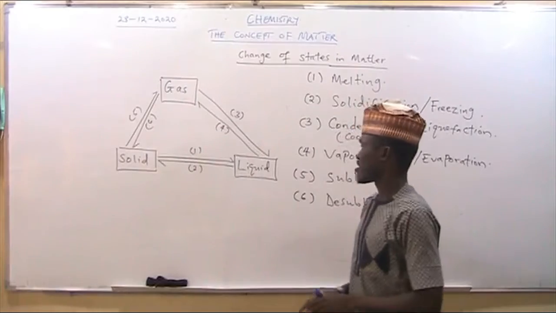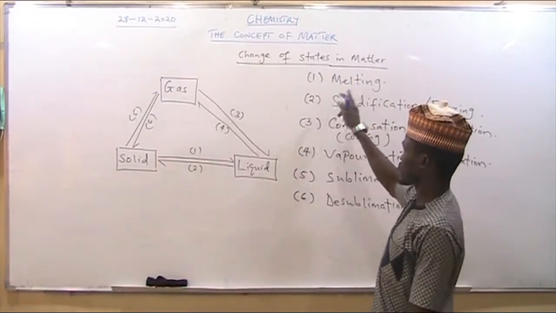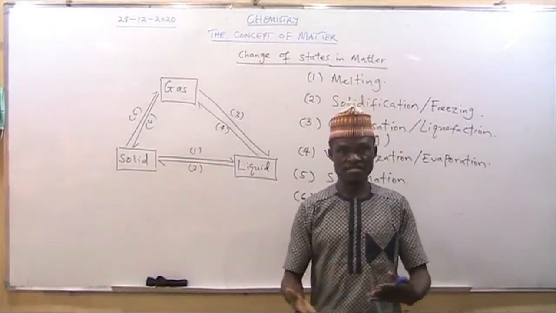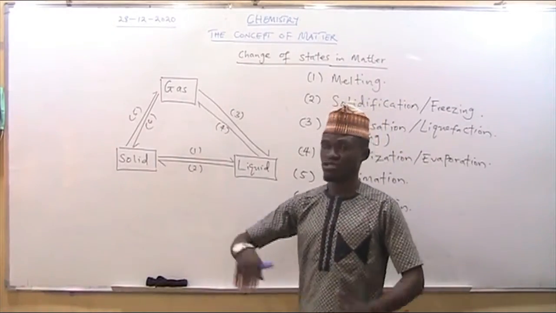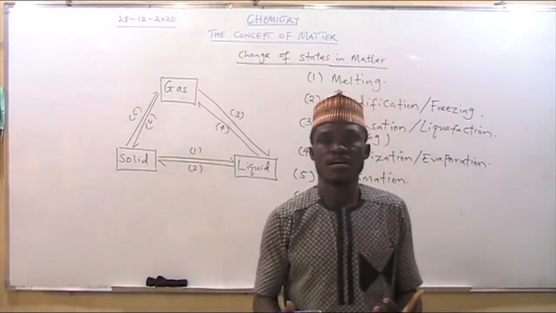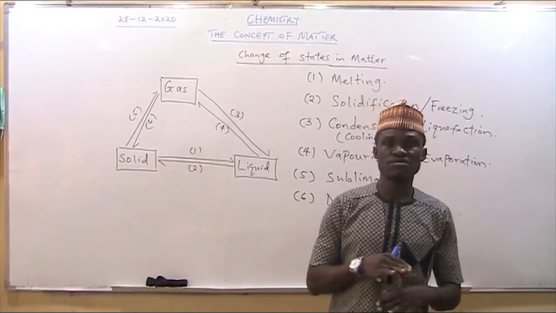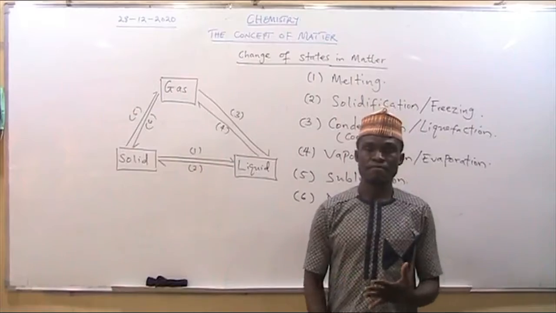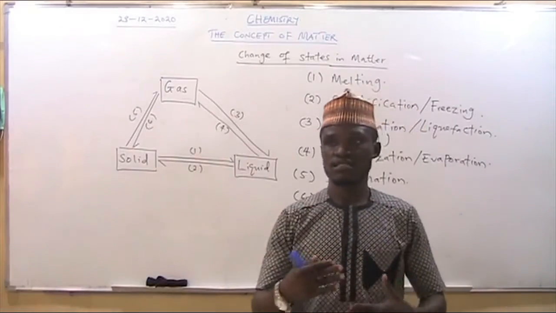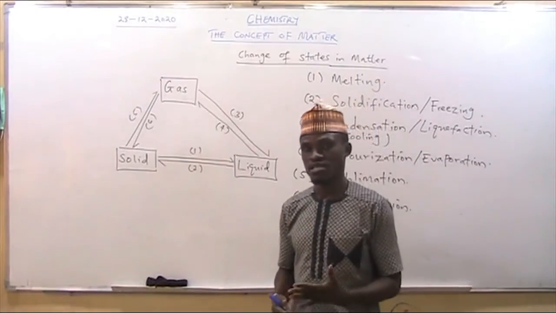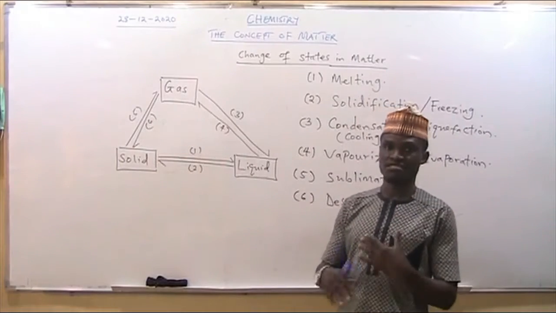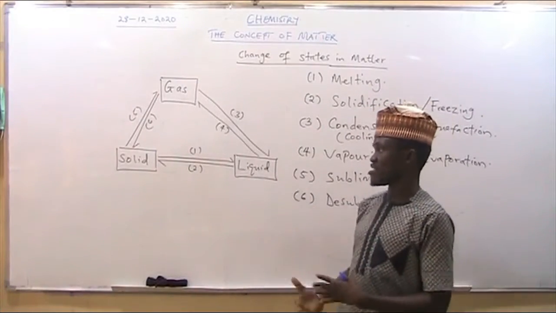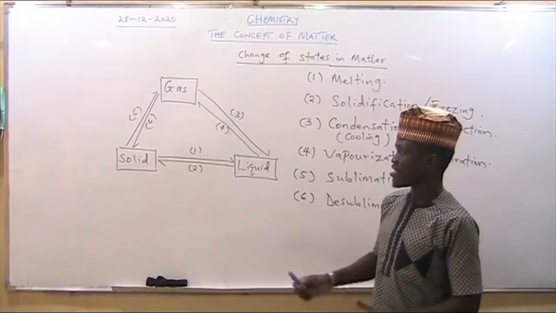Taking a look at the first process, which is melting. Let me give you an example here. When you have your solid ice block at a very, very low temperature and the temperature keeps rising, you get to realize that the solid ice block will not be existing. It will turn into liquid, which we refer to as melting.